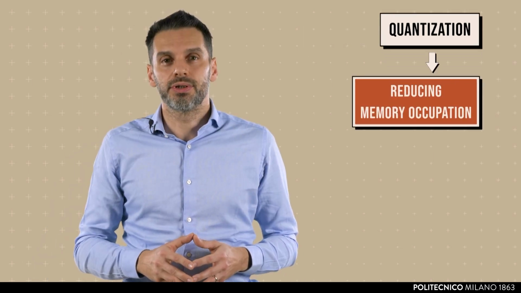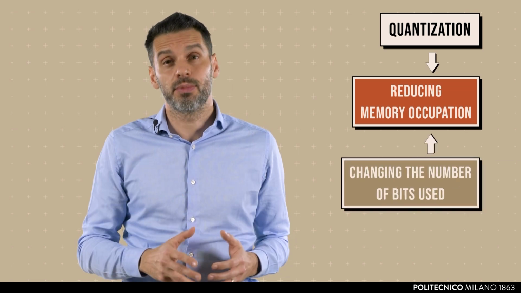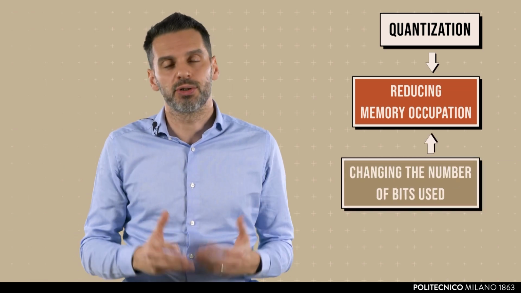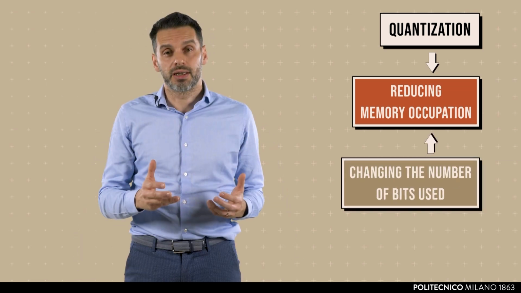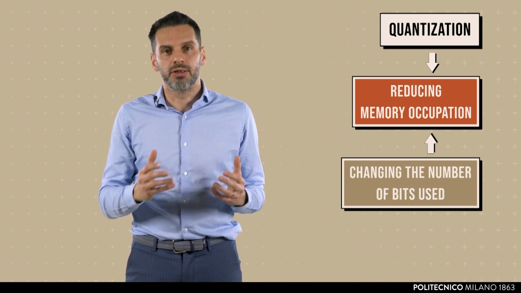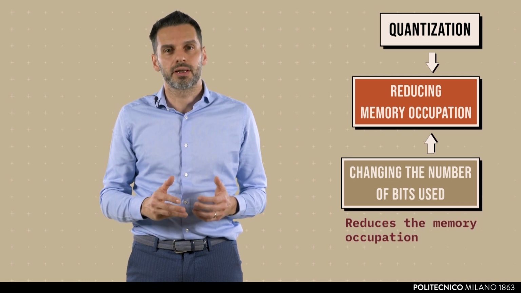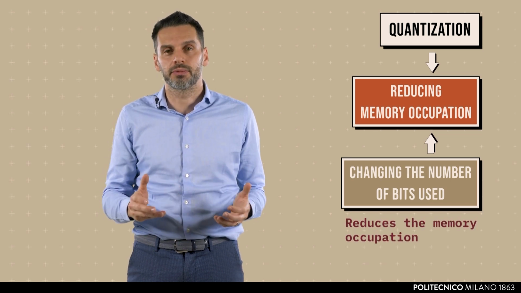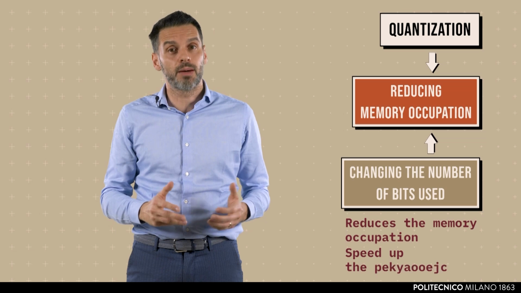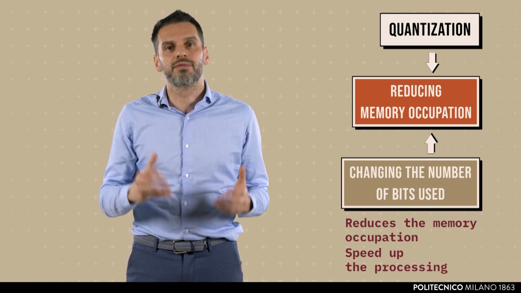Quantization refers to reducing the memory occupation of the weights of a neural network by changing the number of bits used for the representation of the weights. For example, 32-bit floating point weights could be casted into an 8-bit integer representation. This reduces the memory occupation of the neural network, and it could also speed up the processing since integer operations could be faster than floating point ones.